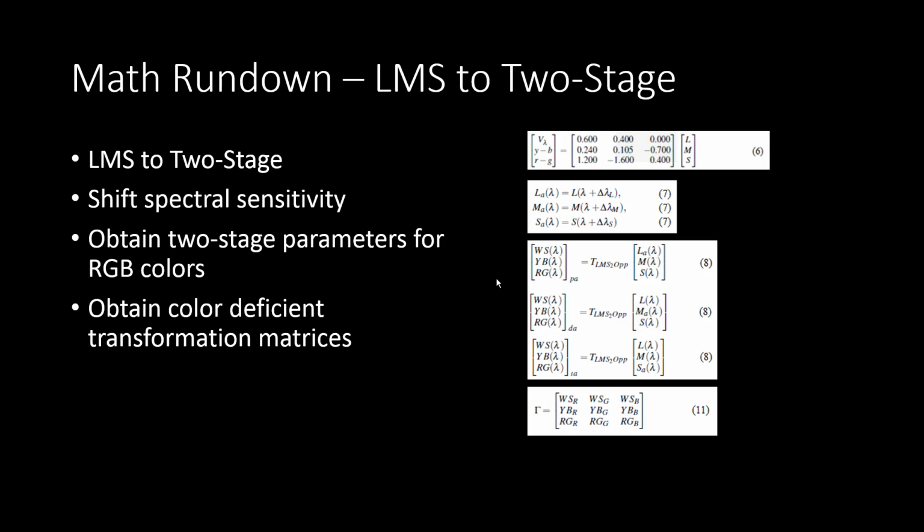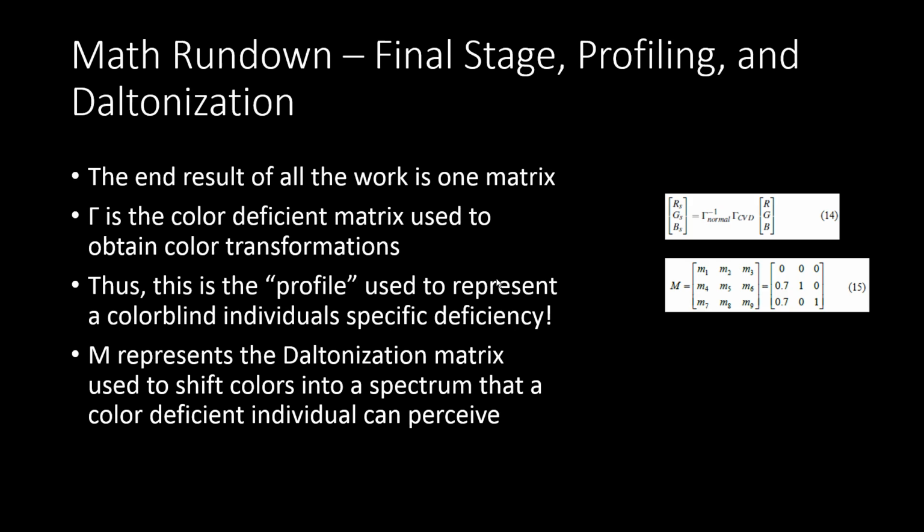Delta sigma L is basically saying you are shifting what someone sees from the spectrum slightly over to the right. The third image shows how you obtain the three different factors of the two-stage model for each red, green, and blue. The final image shows a matrix called gamma that encapsulates all of these and is used as a transformation matrix for either a color normal or color blind individual.